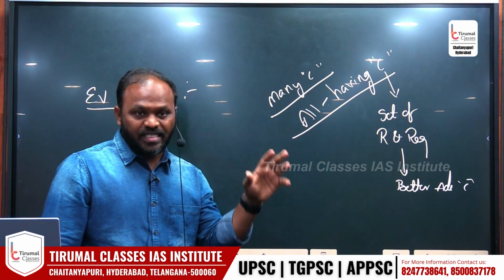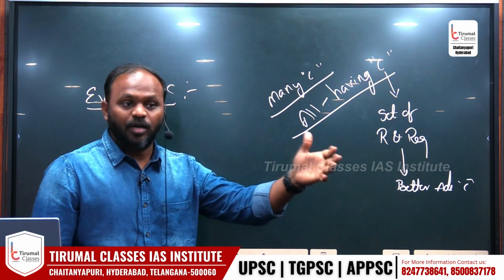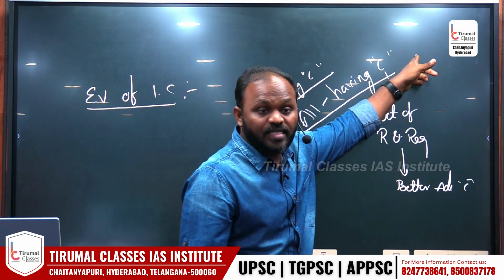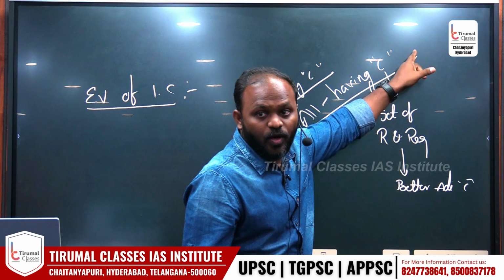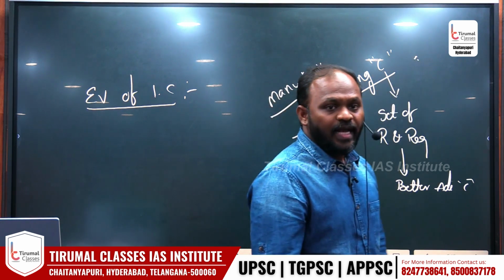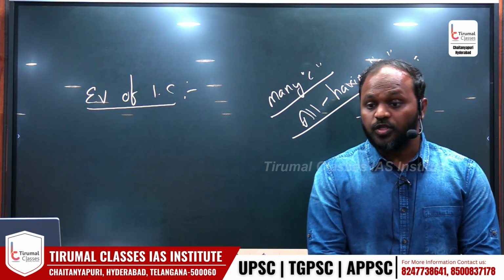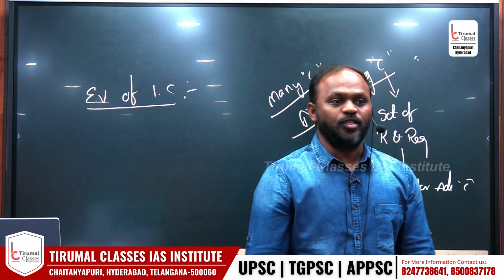If you want to achieve all-round development of a country, we need a set of rules and regulations. Hence, every country has its own constitution, so that everybody abides by it.